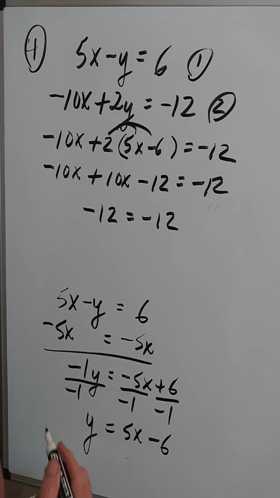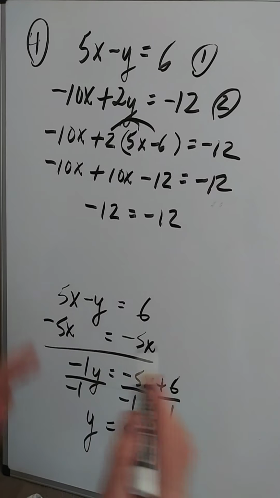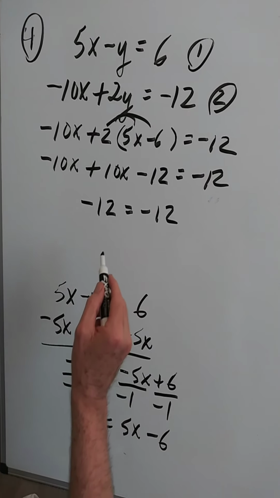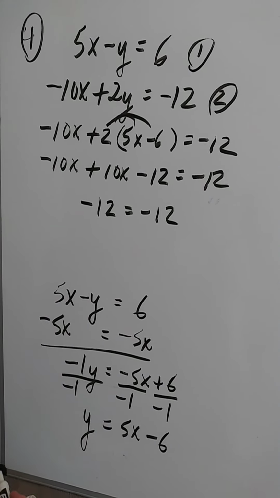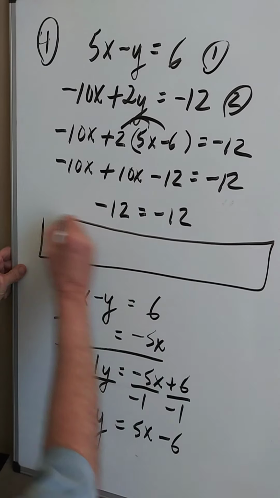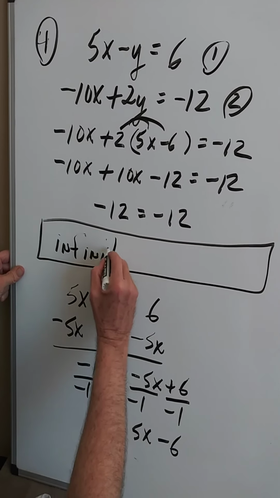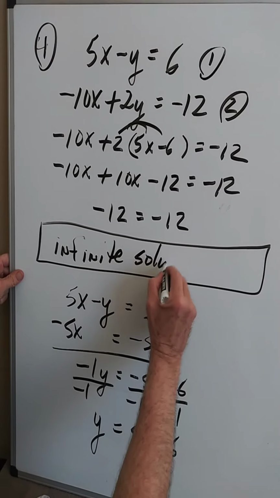An infinite number of ordered pair solutions. We don't know what all of them are, but there are an infinite number of them. And you just simply write as your answer, I'll put it in a box: infinite solutions.